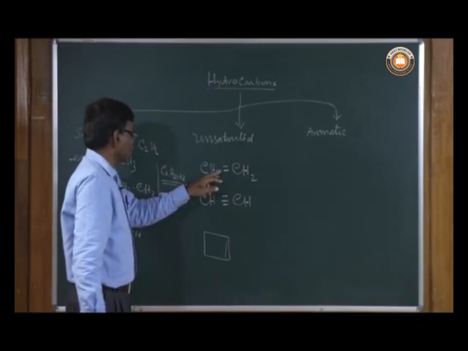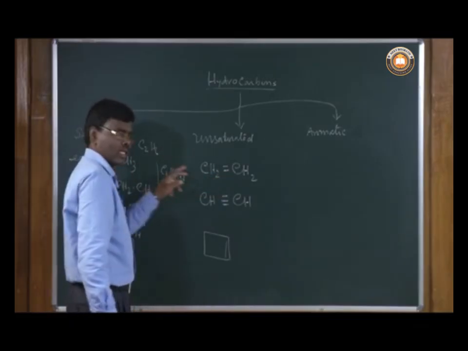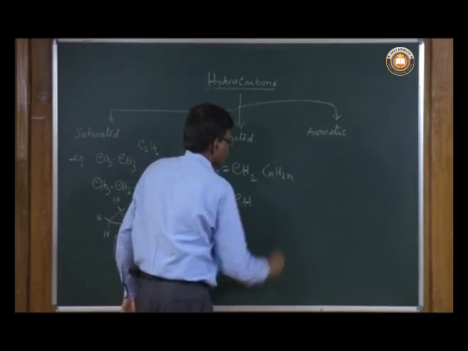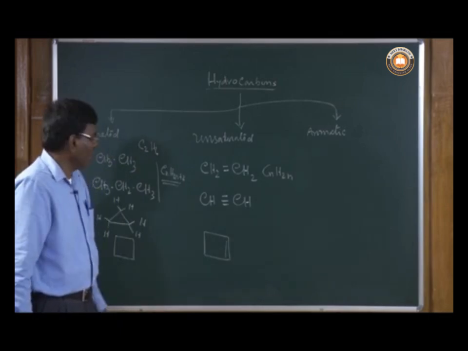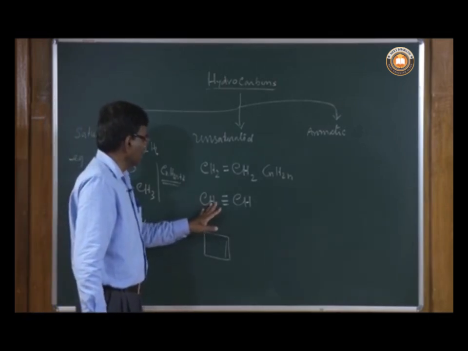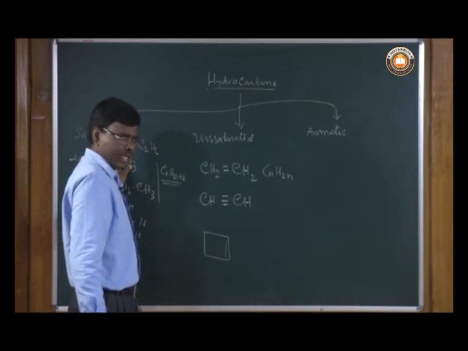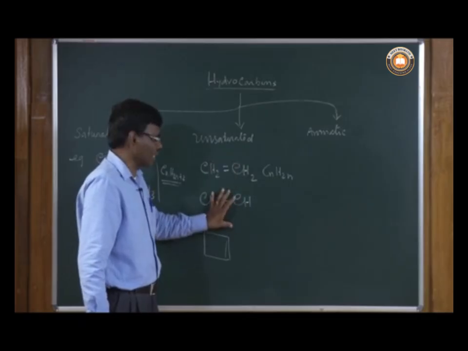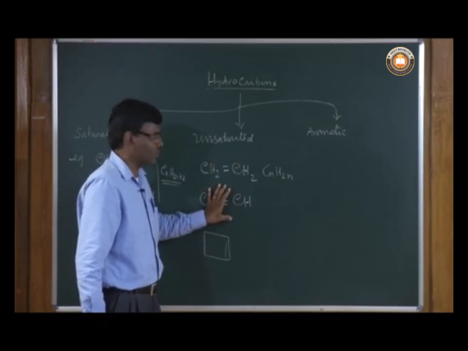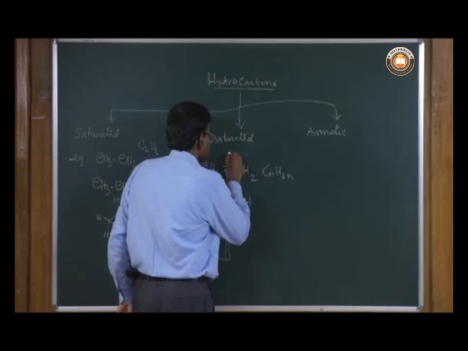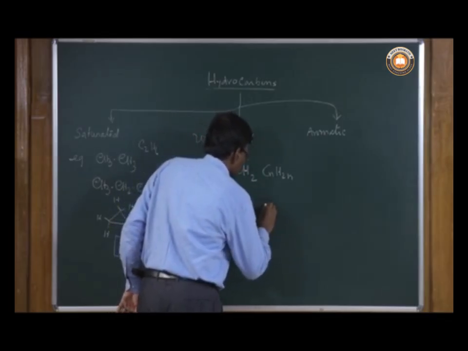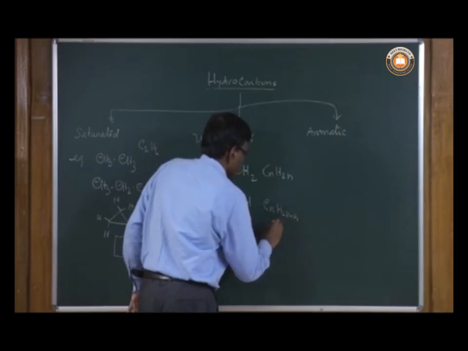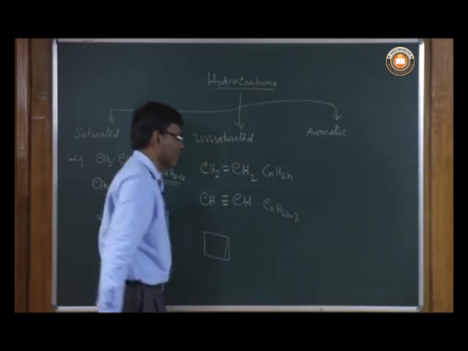If you compare these two, this compound has 2 hydrogens less, so the common formula is CnH2n. And this compound has 4 hydrogens less compared to the alkane, and 2 hydrogens less compared to ethylene. This is a more unsaturated hydrocarbon. This is called ethylene and this is called ethyne. They have the common formula CnH2n-2.